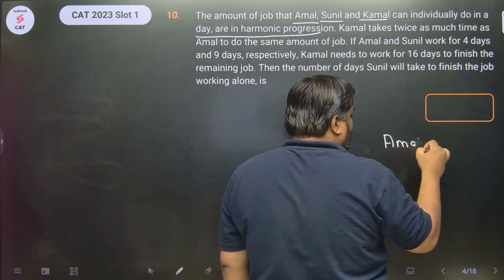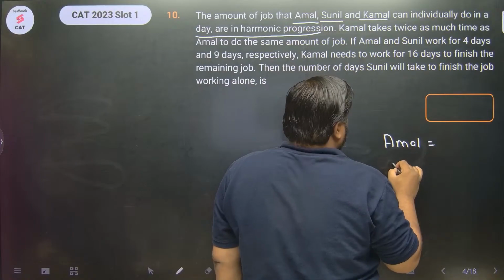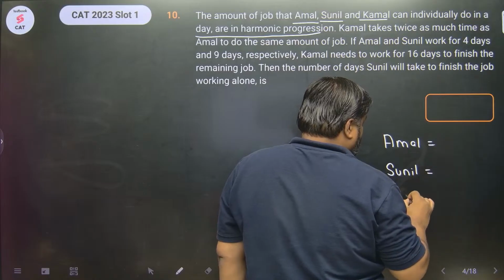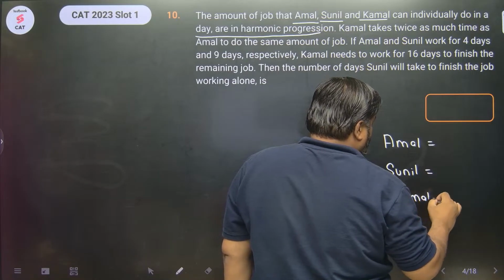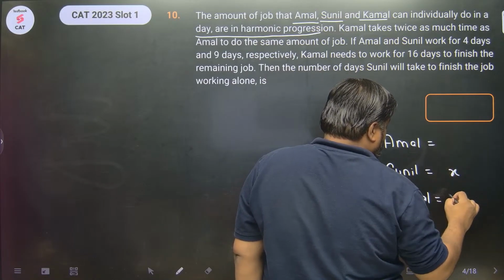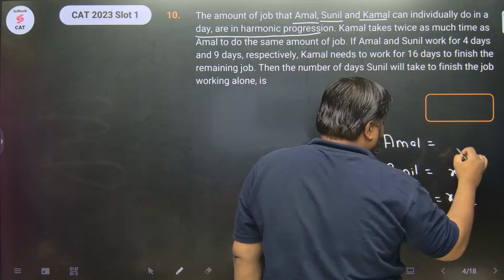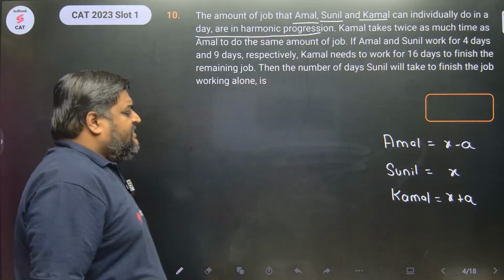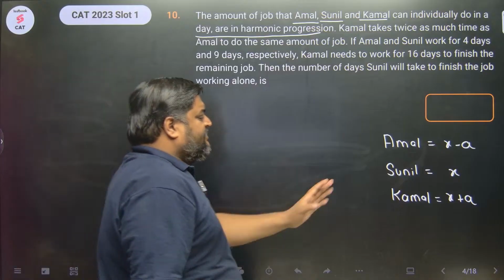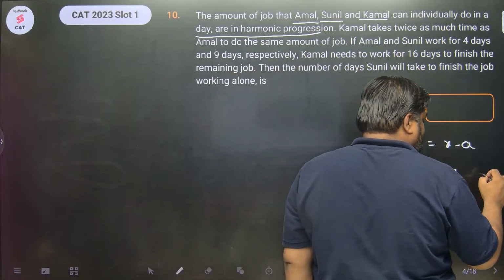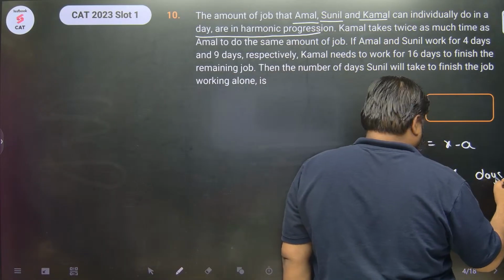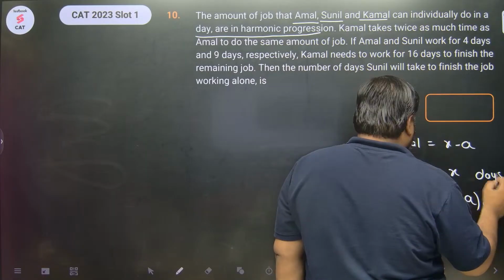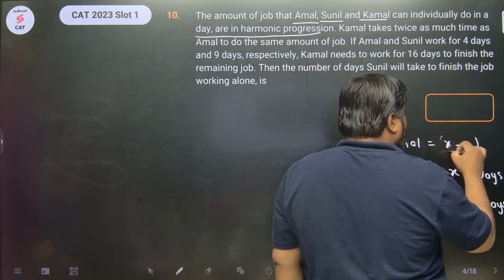Let's say Sunil can do the work in X days, Kamal can do it in X plus A days, and Amal can do it in X minus A days.